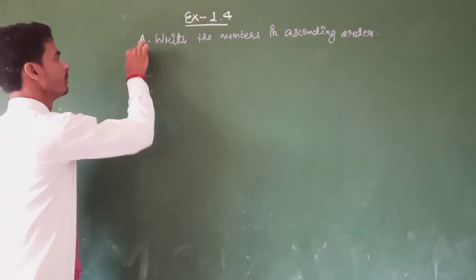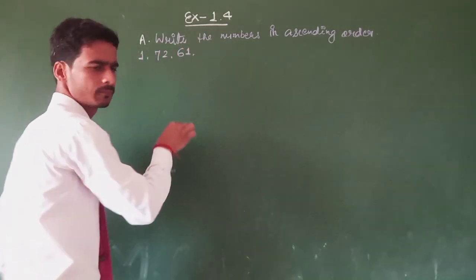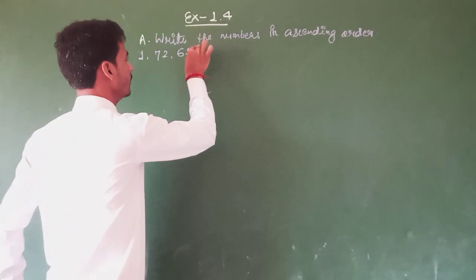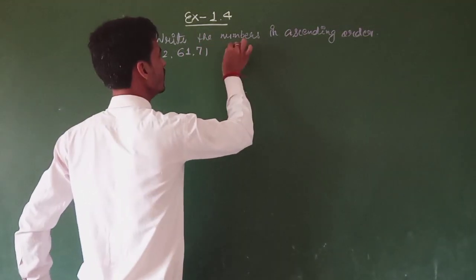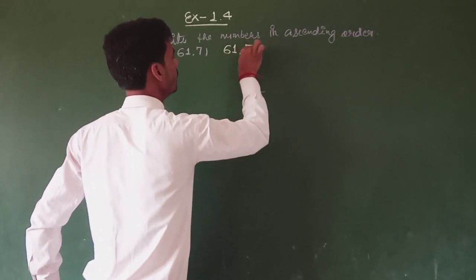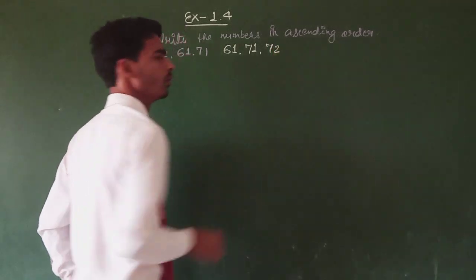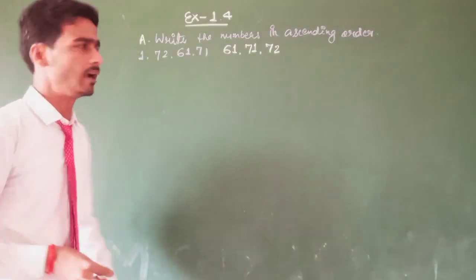First question is 72, 61 and 71. When we arrange it, 61 is smallest, so 61, 71 and 72. That is increasing order or ascending order.